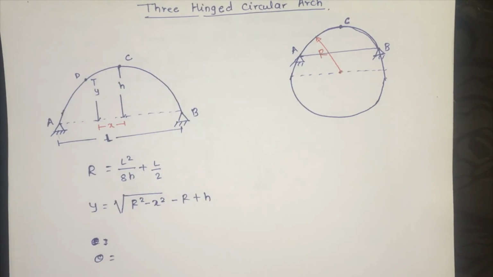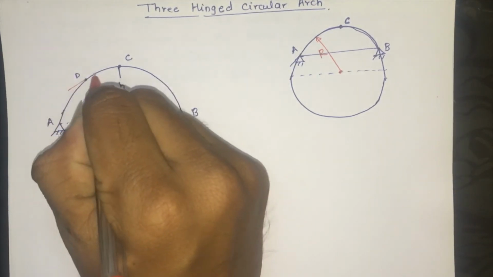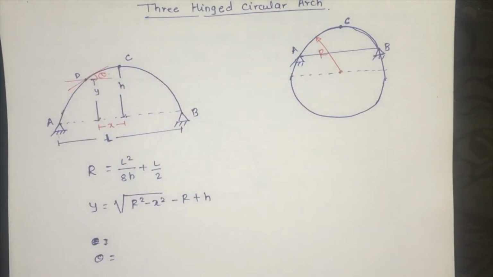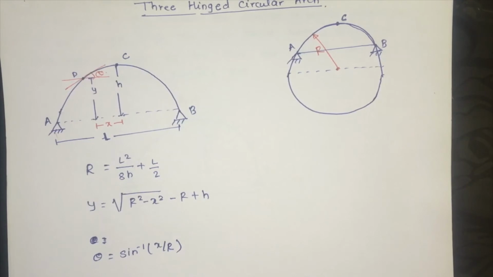If I draw a tangent, this is nothing but your theta value, and theta is equal to sine inverse of X by R. Sine inverse of X by R. So you have to remember this formula before starting the analysis of 3 hinge arches.